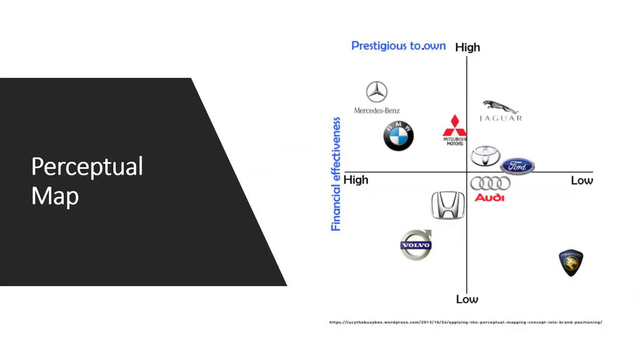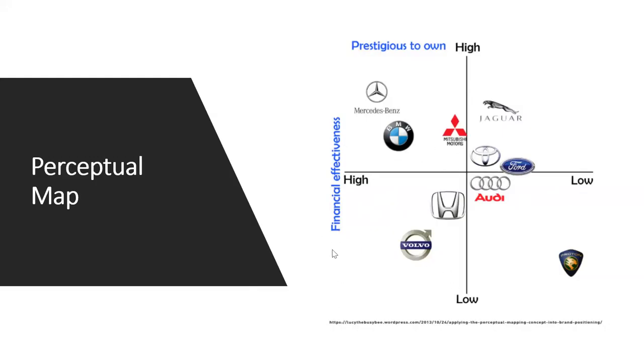Okay, so now let us talk about perceptual maps. Perceptual maps are a visual representation of the perceptions of the customers or potential customers generally about specific attributes of an organization, a product, or a service, etc. So for example, what you have here on the slide is a perceptual map of consumers who have indicated how they perceive the different brands on two dimensions.